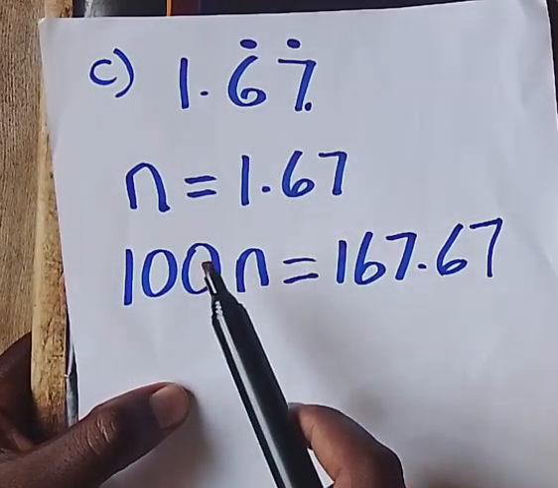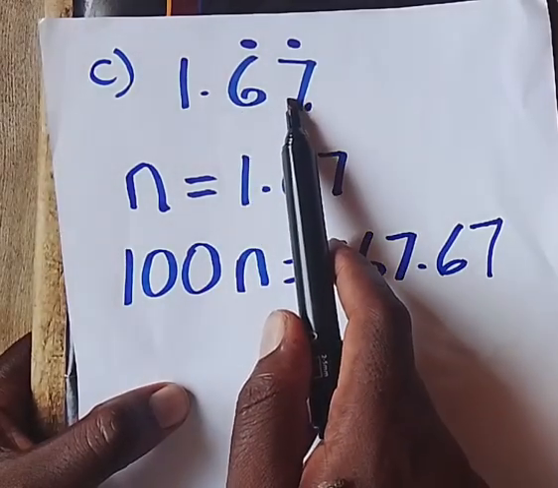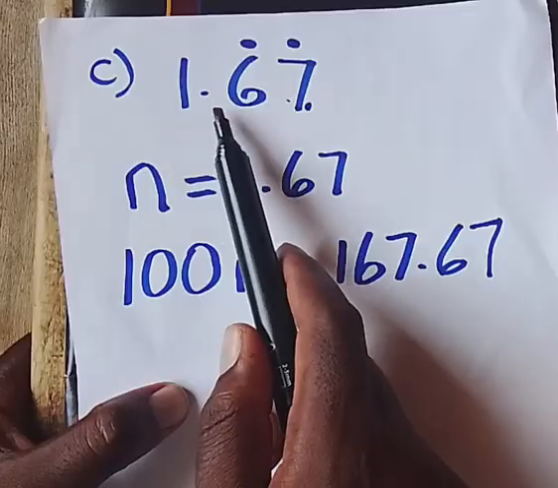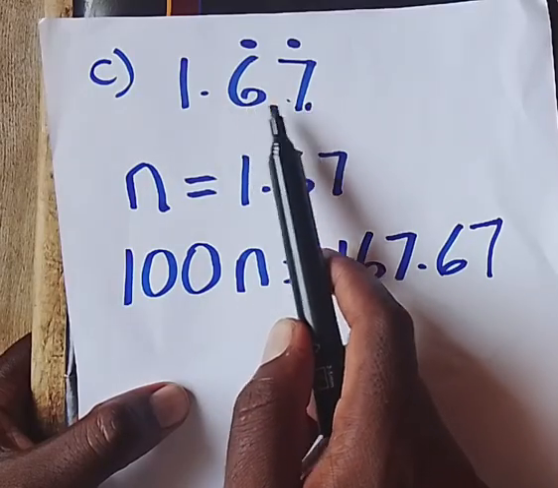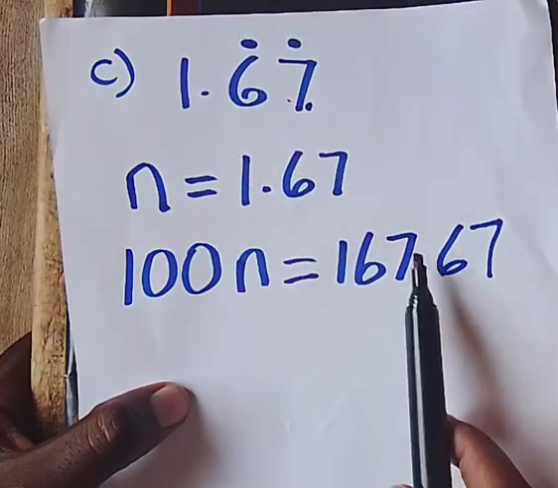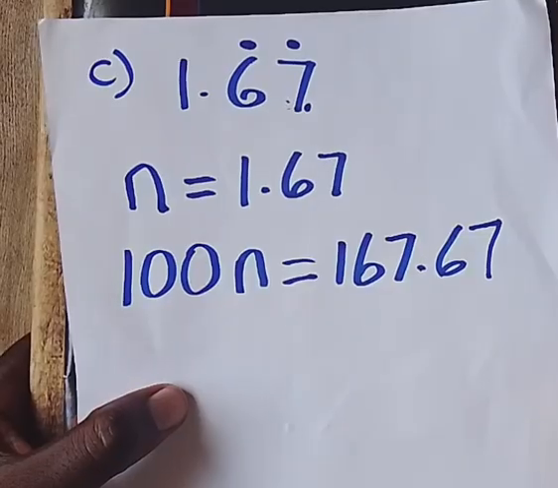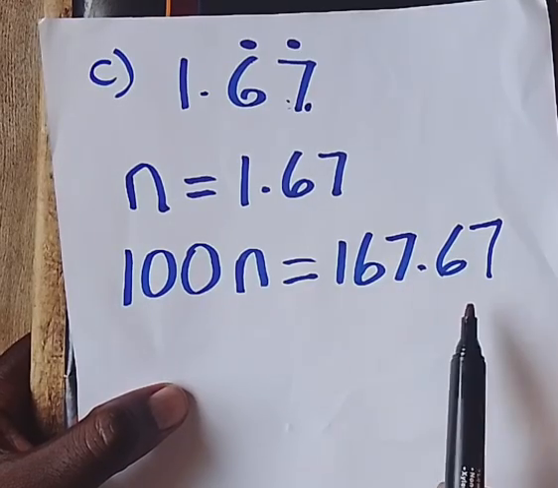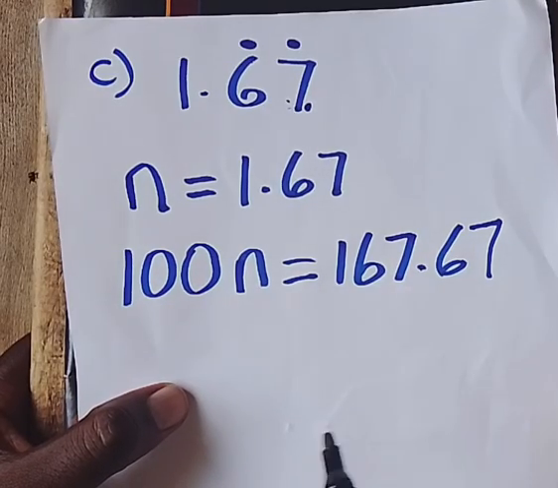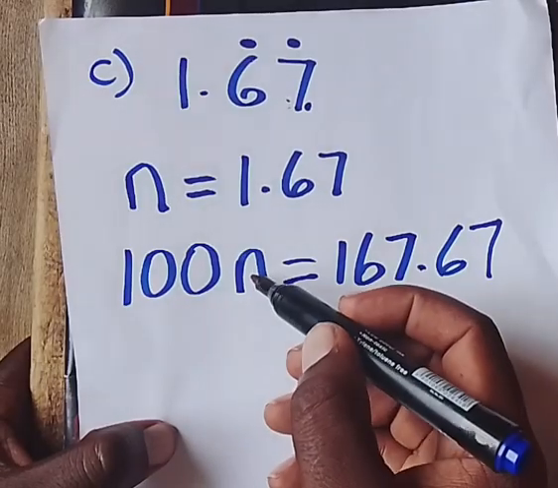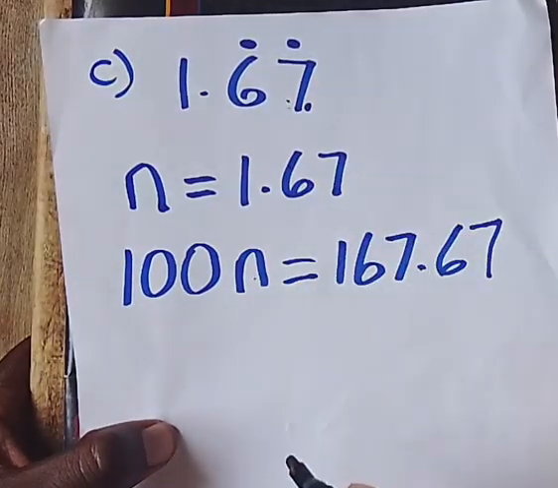So remember, we have already multiplied this original number with 100. So if you multiply this with 100, you will have 167. Then, because it is recurring, you will have 0.67. Now you subtract this one from this one.